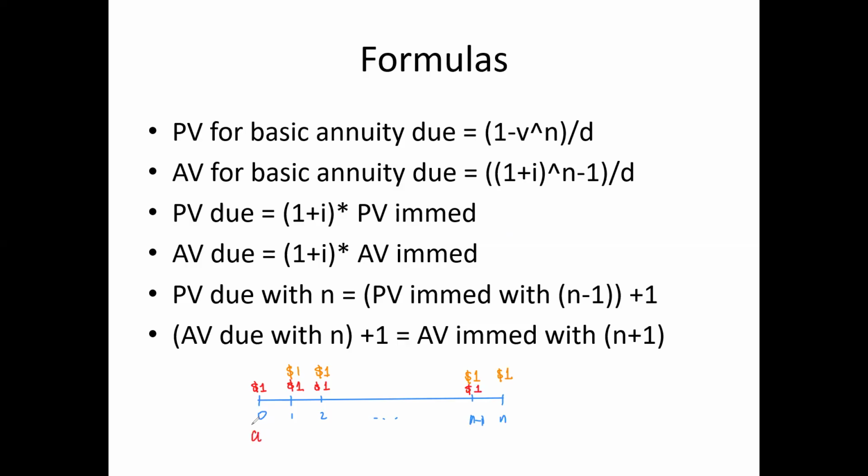And we have this notation for the present value of the annuity immediate. And here we have S sub n angle i, and also S double-dot sub n angle i. All right.